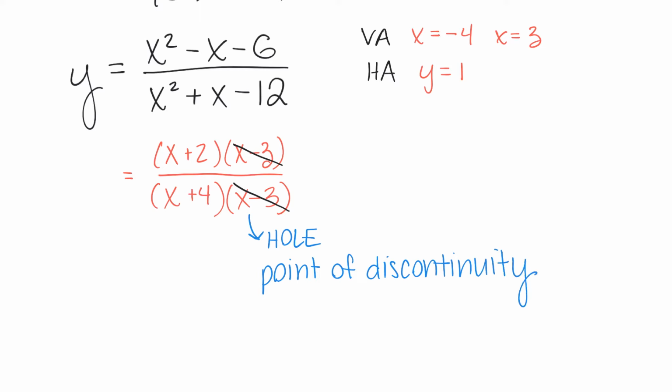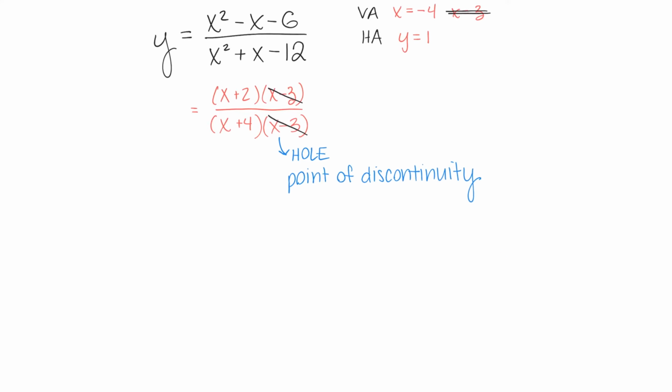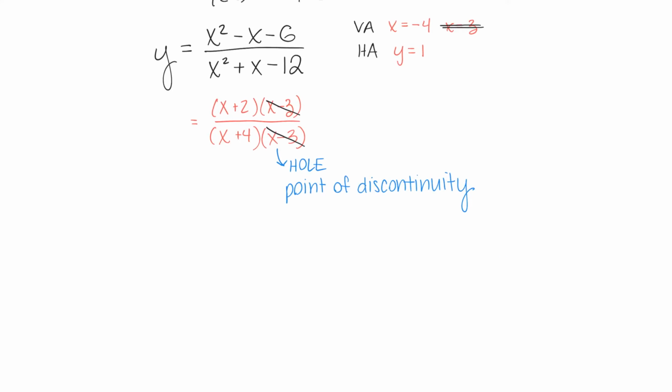So what's really happening here is that this is not actually a vertical asymptote because it's going to cancel itself out. So I'm going to come up here and eliminate this as a vertical asymptote because it is not. Because when this is simplified down, what we really have left as our function is x plus 2 over x plus 4.